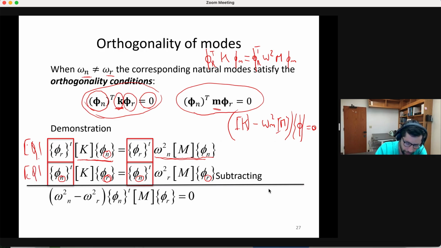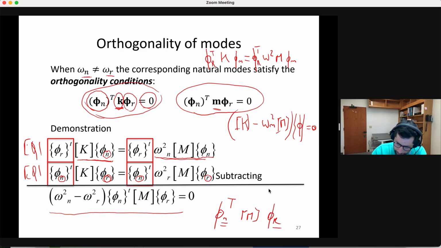Now I can perform the operation equation 1 minus equation 2. This is the result that I get, which shows that if I perform the operation phi N transposed times the mass matrix times phi R, where N and R are two different mode shapes, then the result is equal to 0, meaning the mode shapes are orthogonal with respect to the mass matrix.